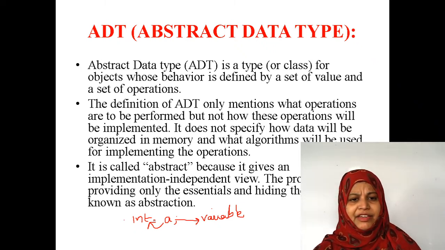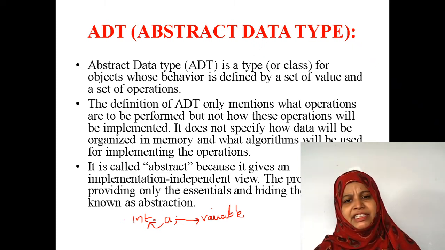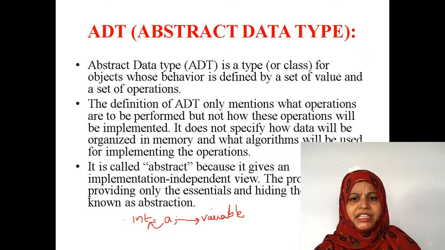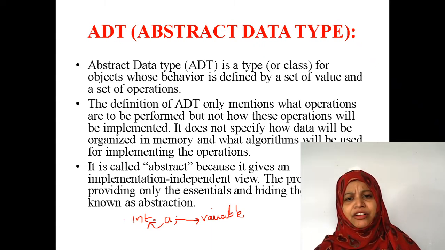In the same way, abstract data type means here it is a type. Abstract data type is a type or it is a class. We can treat it as a class or we can treat it as a data type. In this abstract data type, we are just going to deal with the object behavior. Object behavior is defined by a set of values and a set of operations.